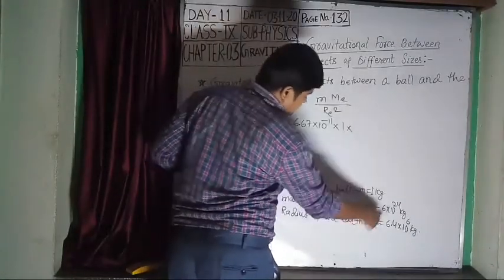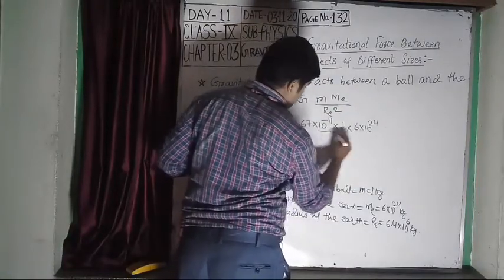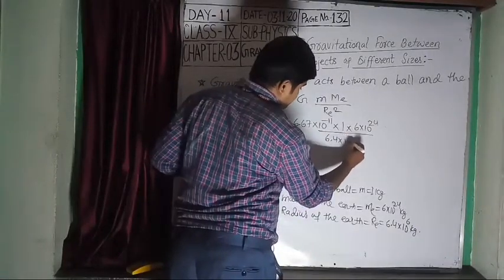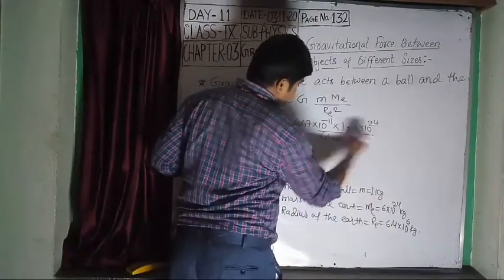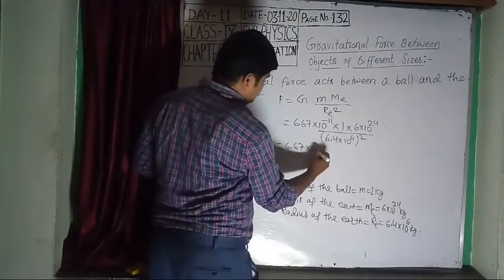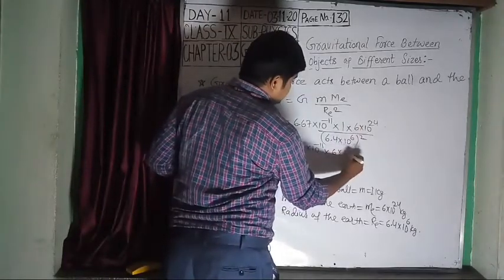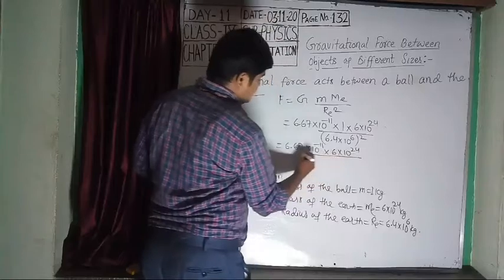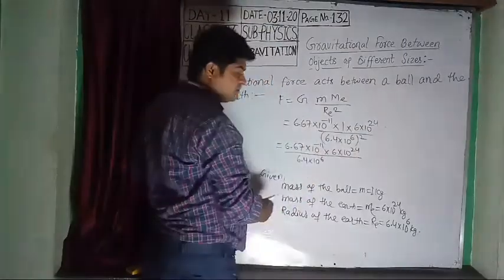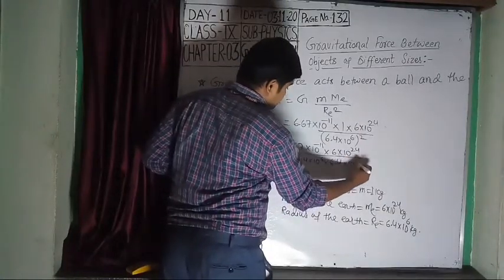Me, mass of the earth, 6 into 10 to the power 24 kg, by re square, 6.4 into 10 to the power 6 squared. You will write it 2 times because it is in square form.